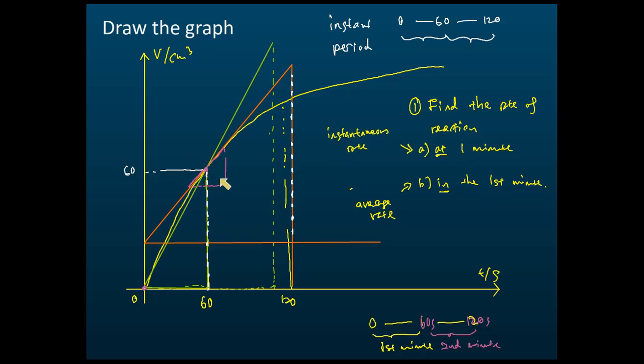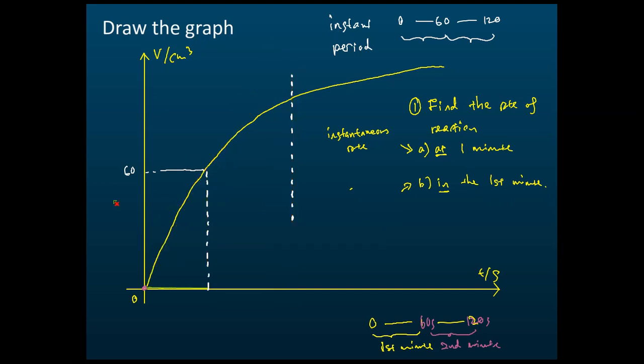How about the second minute? Let me erase all this first, okay? Second minute, so this is 60 seconds, and let's say this is 120 seconds. So second minute, we start at 60 and end at 120, right? So we put a point here, 120, 60, and then we draw a line to join these 2 points.